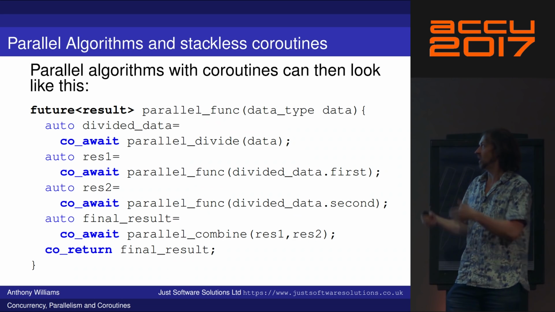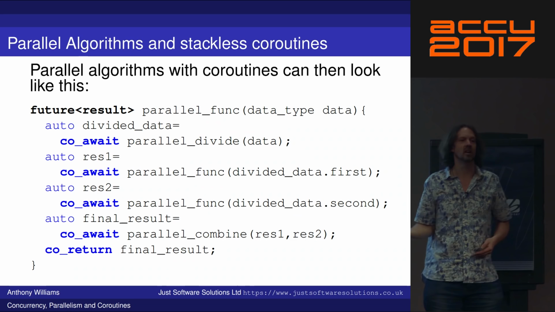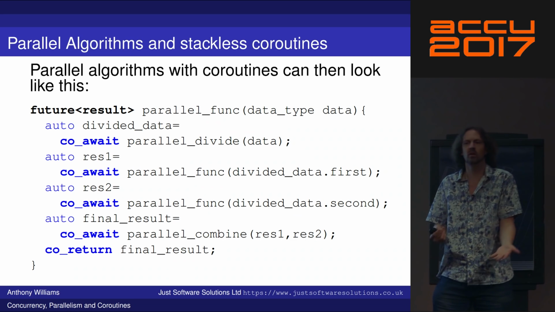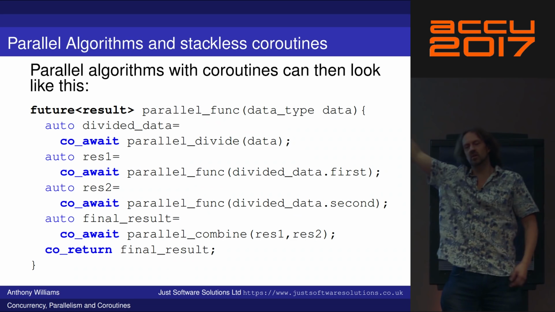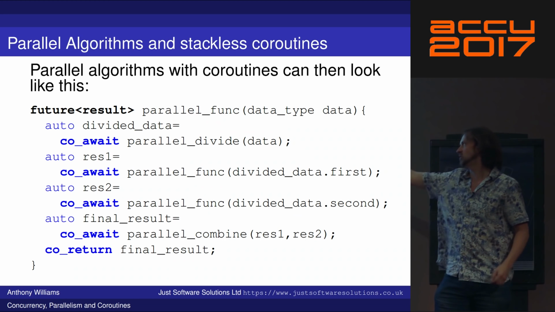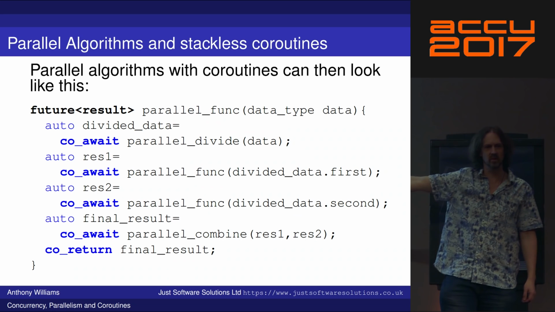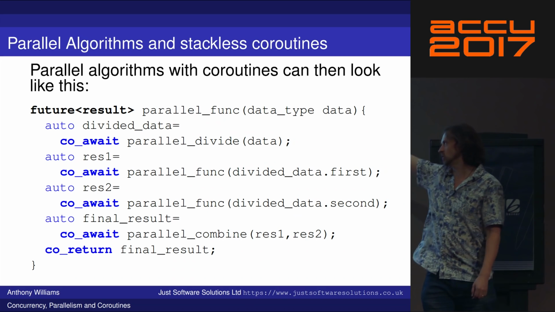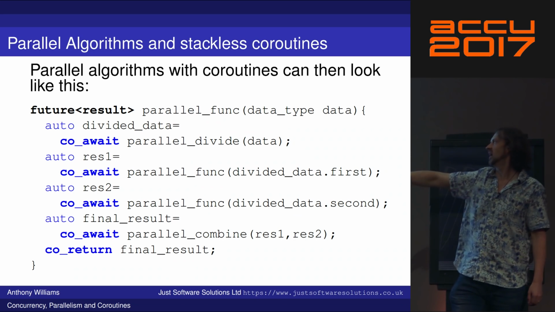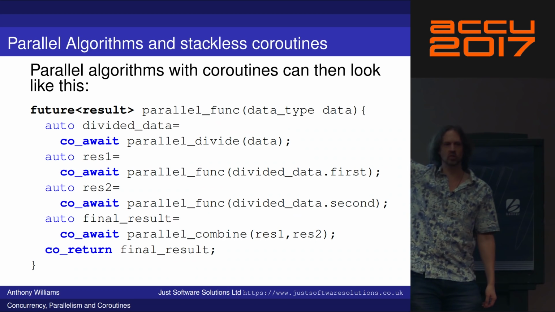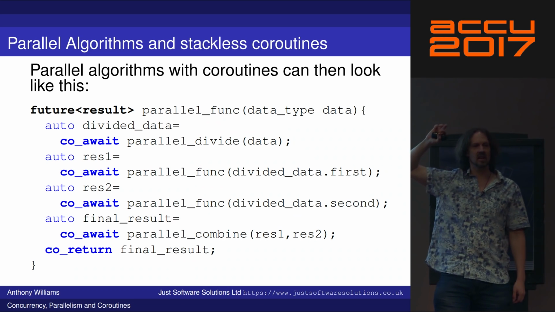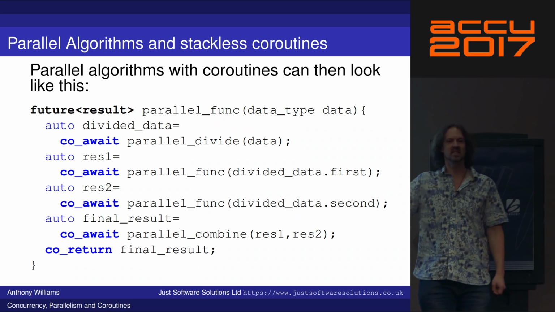We then say, okay, we're going to recursively divide and conquer: recursively apply our function to one half and to the other half, and then combine the two results. At every level, we're assuming that we're doing parallelism if we can, and everything's a coroutine, so we co-await everywhere, and then we co-return the final result, and we've got a future coming out. So if you're using coroutines with parallel algorithms, this is what you want to see.